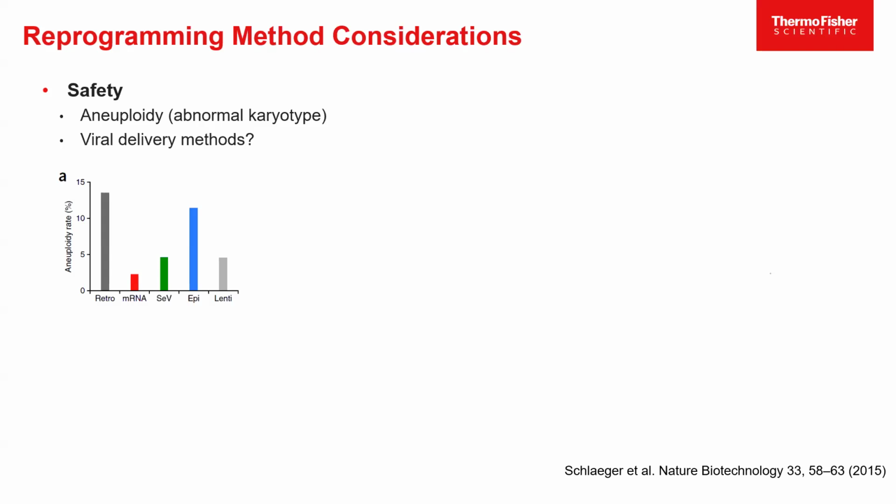And safety here can mean two different things, right? It can mean safety for the researcher, the operator, right? Whether you're using virus or non-viral formats, there could potentially be different hazards associated with it. As an example, usually the Sendai virus is considered a BSL2 containment level contaminant.